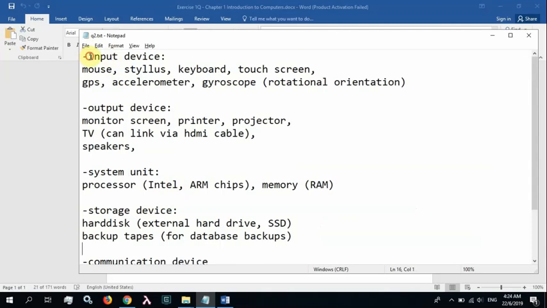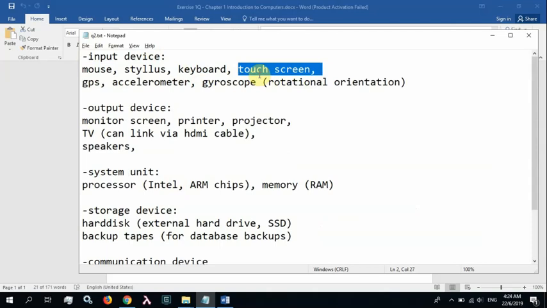Okay, now let's talk about input devices. You have a traditional one, mouse and keyboard, and nowadays with the advent of handphones, you have stylus, okay, little pens to interact with your handphone, and touch screens or smartphones, your pressure sensitive screens.